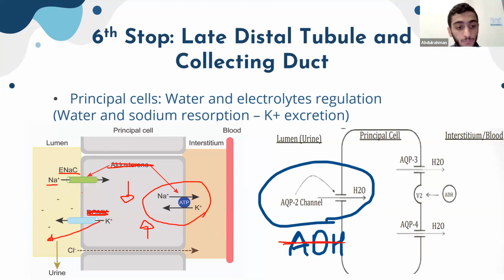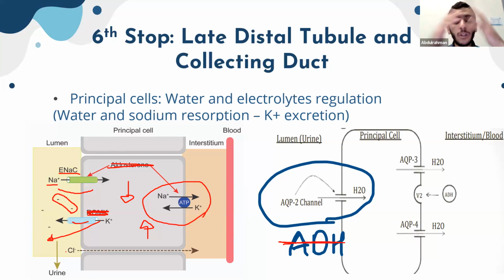Now, the sodium pump is pumping sodium out more than the potassium channel is moving potassium into this area. As a result, we're losing positive charge faster than we're gaining it back, so there's going to be a net negative charge. This net negative charge is going to push some chloride ions between the cells, paracellularly, into the interstitium.